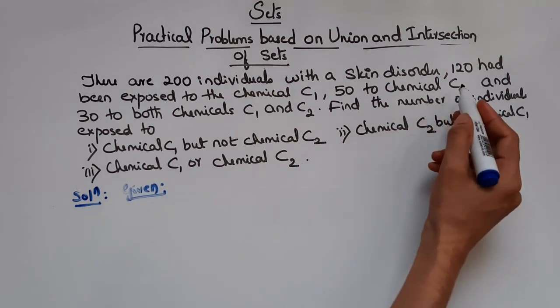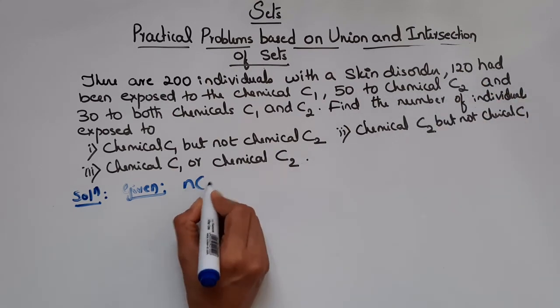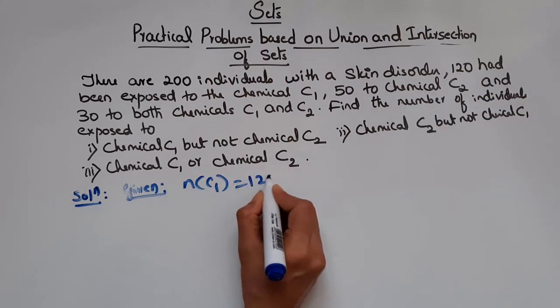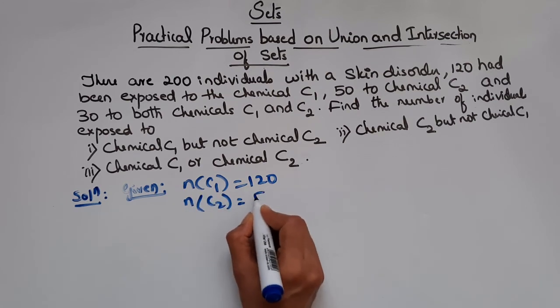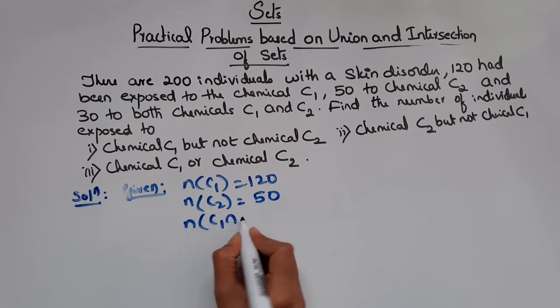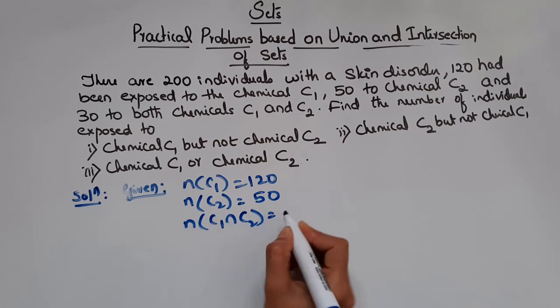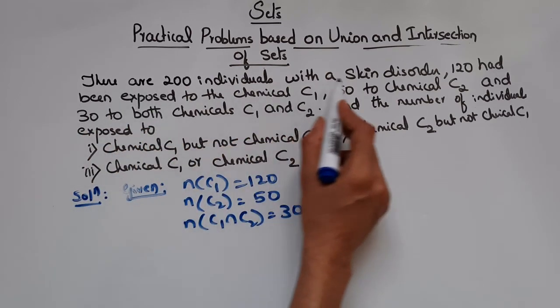Here it says the number of people who are exposed to chemical C1 is 120. So N of C1 is 120, and the number of people who are exposed to chemical C2 is 50, and the number of people who are exposed to both C1 and C2, that means the intersection, right, is 30. Here if you see, there are 200 individuals with a skin disorder.